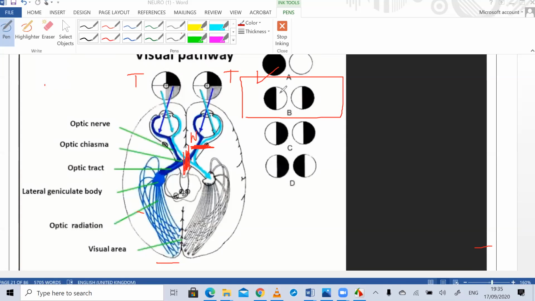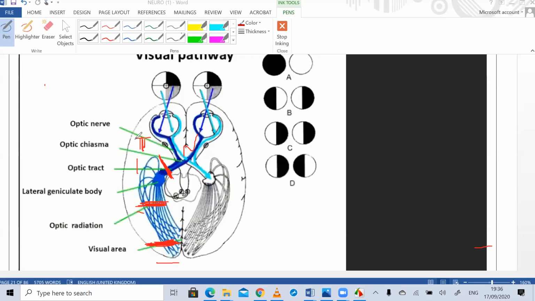Here, try to concentrate with me on what's called homonymous hemianopias. If I have a lesion in the optic tract, or optic radiation, or occipital cortex, what kind of fibers are being affected here? The nasal fibers of the opposite side and the temporal fibers of the same side.